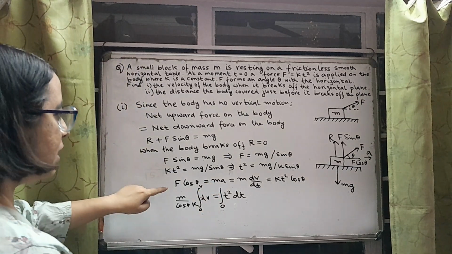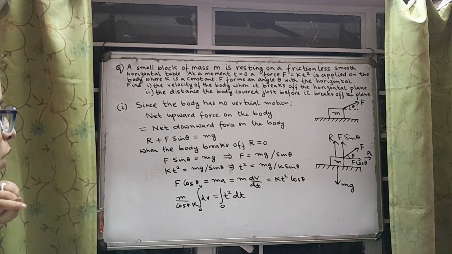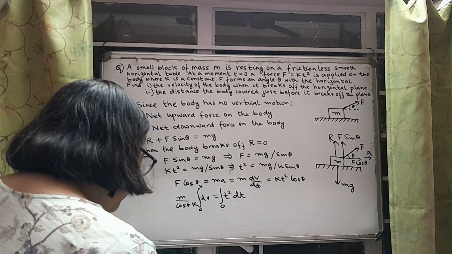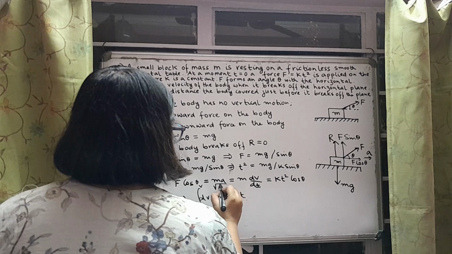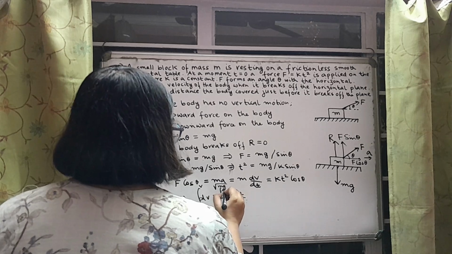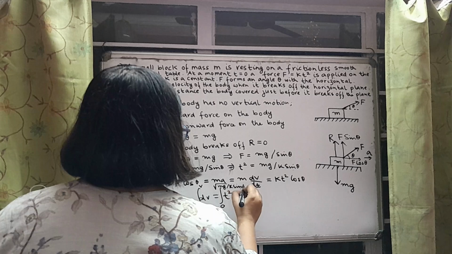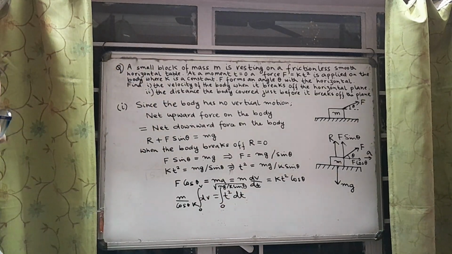So at that time, what was the value of t? We get it from here. So t would be root over mg by k sine theta, whole root over this.